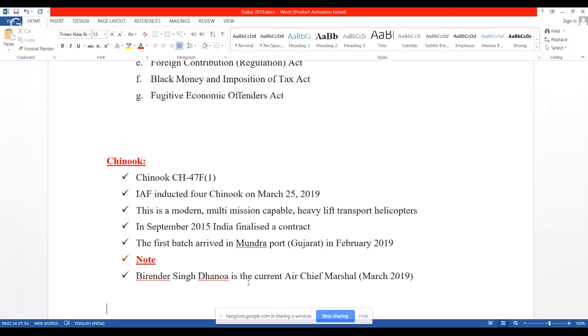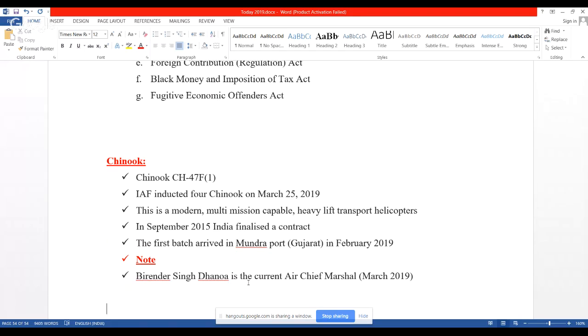But the first batch of 4 arrived at Mundra port in Gujarat in February 2019, meaning last month only. So we got it. Now they have been inducted into our Indian Air Force. Please remember, in any examination they may ask where Mundra port is located. It is located in Gujarat.